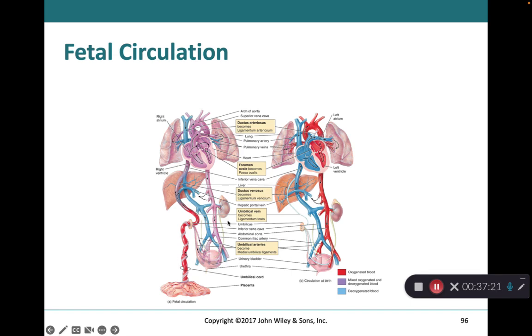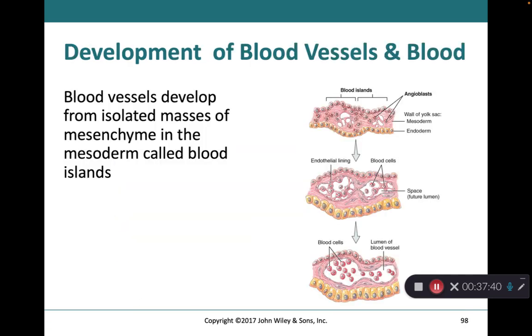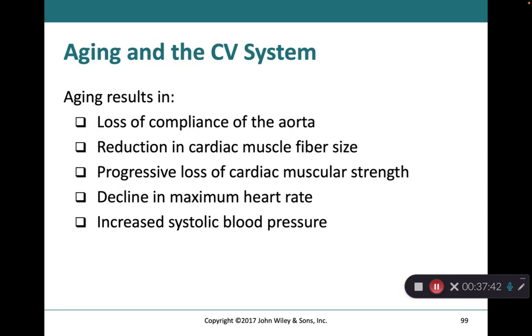And then the umbilical arteries here. The blood will be oxygen poor, and these will go to the placenta to then oxygenate the blood. Okay, so here's a little flow chart. Don't worry about blood vessel development.